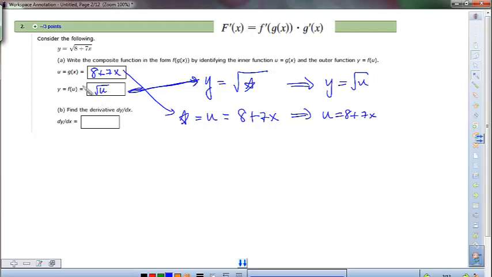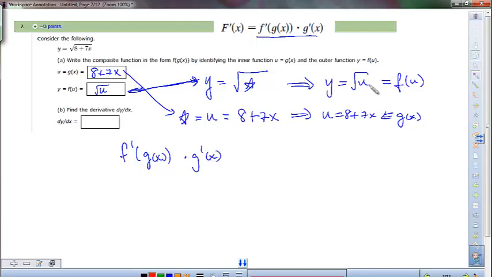So to find the derivative of this, if we imagine that this is g of x and this is f evaluated at u, then according to our chain rule, it's going to be f prime evaluated at g of x times g prime of x.